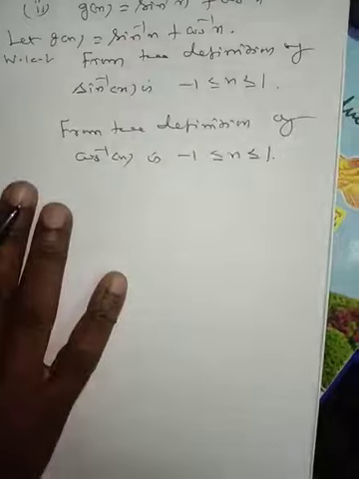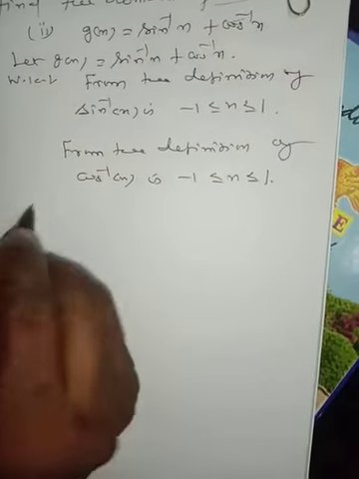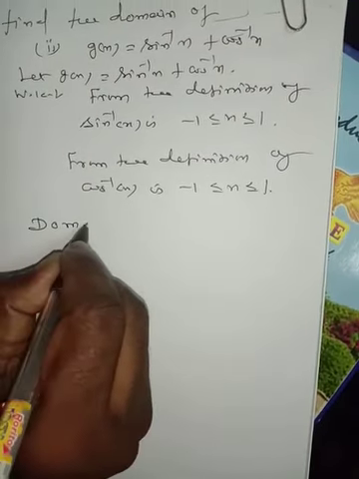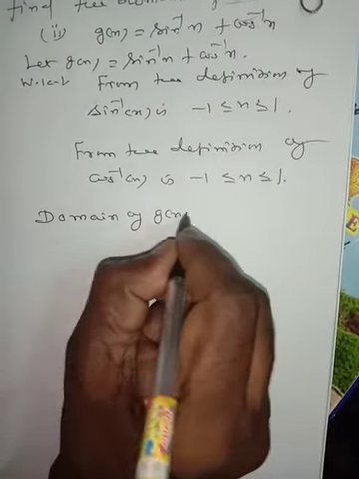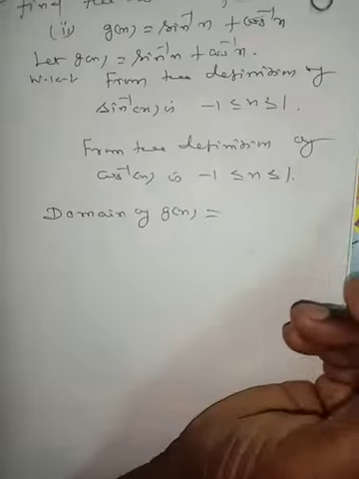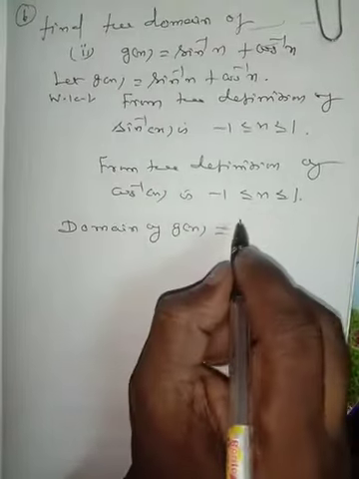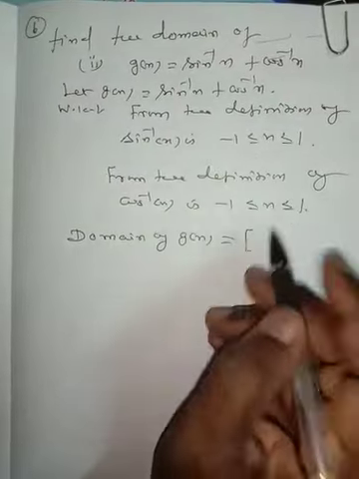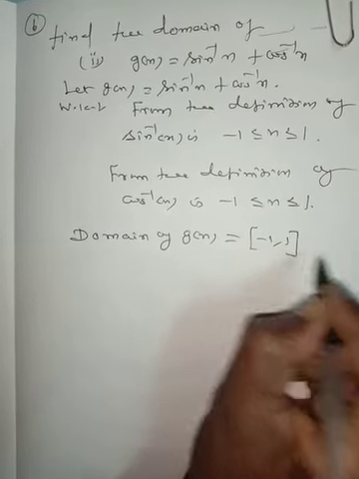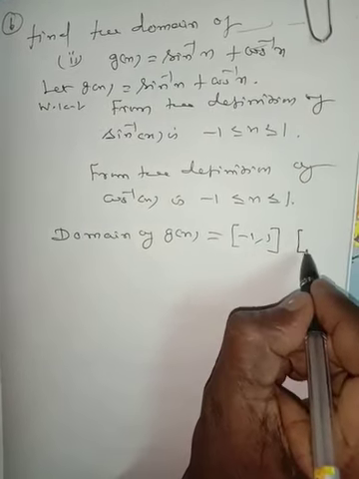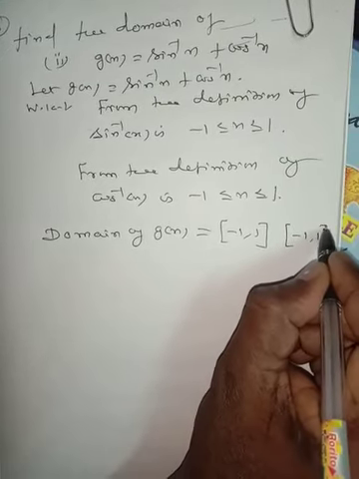Next, domain of g of x. G of x is the given function. First function range is -1 to 1. Second function range is -1 to 1.